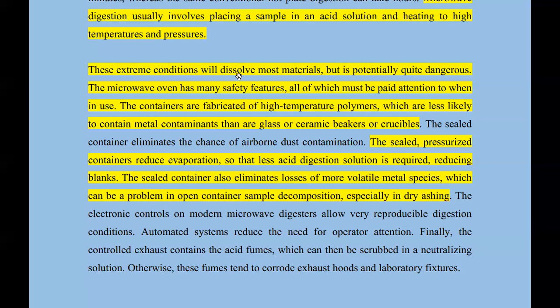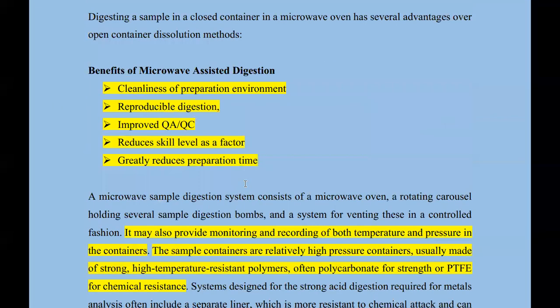So do not forget, we are talking about acid digestion. Now, why do we need to go for acid digestion? Why can't we just do dry ashing? Why can't we just heat these metals and then maybe crush them? Because you know, hydrated copper sulfate is blue in color because of the presence of waters of crystallization in there.